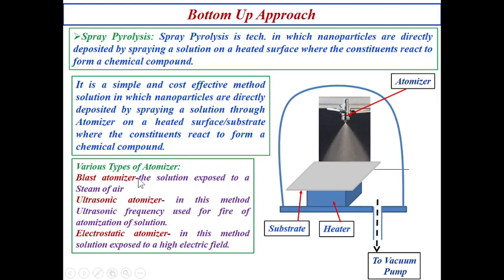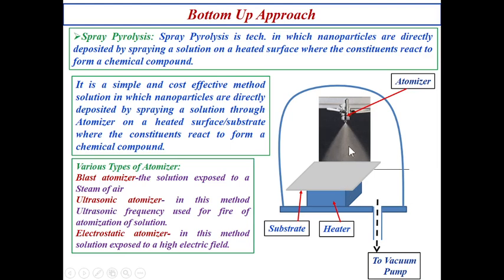Various types of atomizer are there. Blast atomizer: in this case the solution is exposed to a stream of air. Ultrasonic atomizer: ultrasonic frequency is used to fire the atomization of the solution.